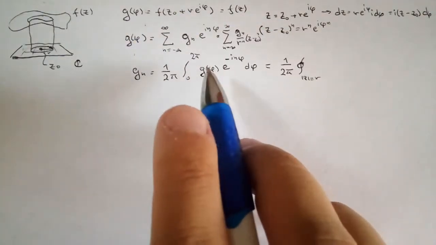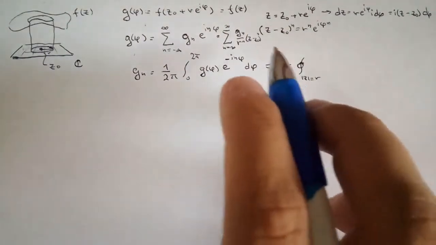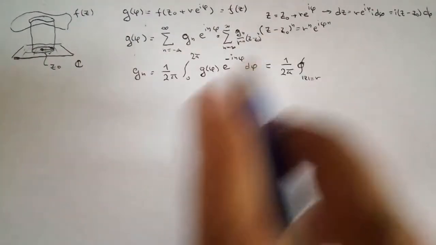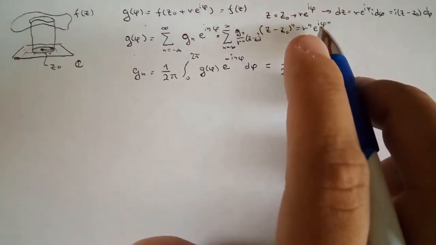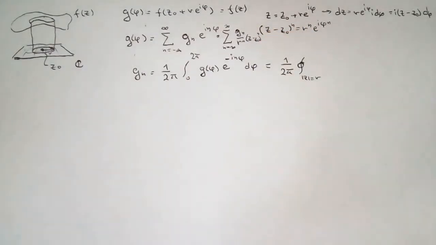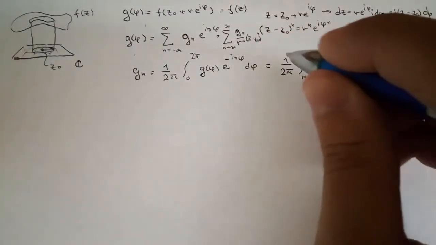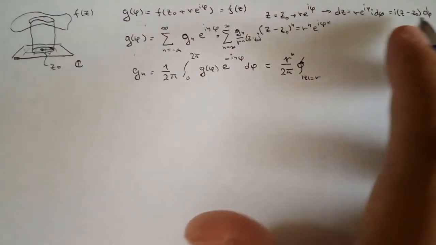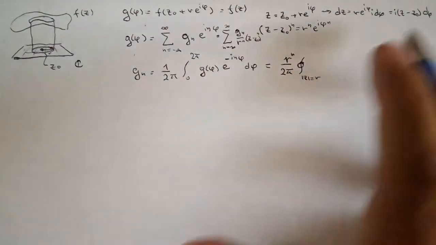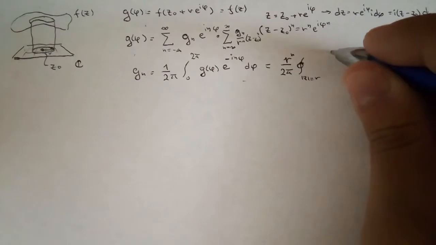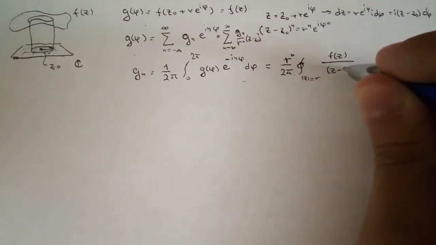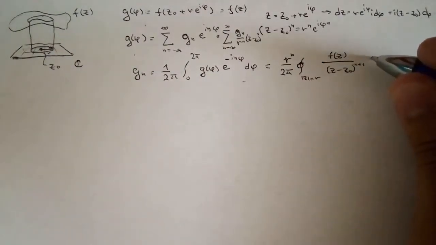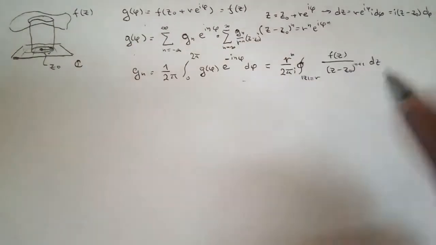You can clearly see this is going to be e to the i, and phi is basically this over r times n, which means to the minus power is this minus times r to the plus power, so this is basically r to the n times this to the minus power, but there is another minus power from this. I will substitute d phi for this and dz, so this will give me f(z) divided by (z minus z0) to the (n plus 1)th power times dz, and there is i divided by this.